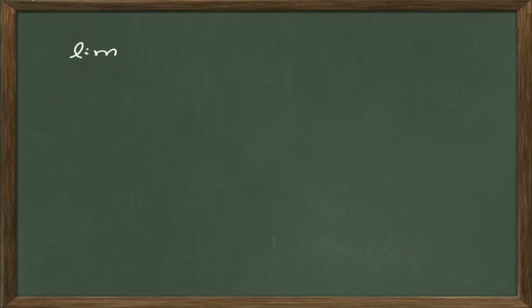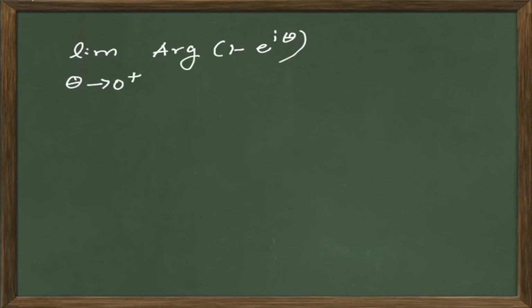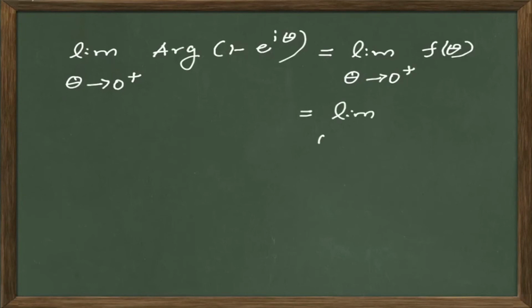Therefore, it is clear that the limit of the principal argument of 1 minus e^(i theta) as theta goes to 0 from the right hand side is equal to the limit of f of theta as theta goes to 0 from the right, which is equal to the limit as theta goes to 0 from the right of minus pi by 2 plus theta by 2, which is nothing but minus pi by 2.